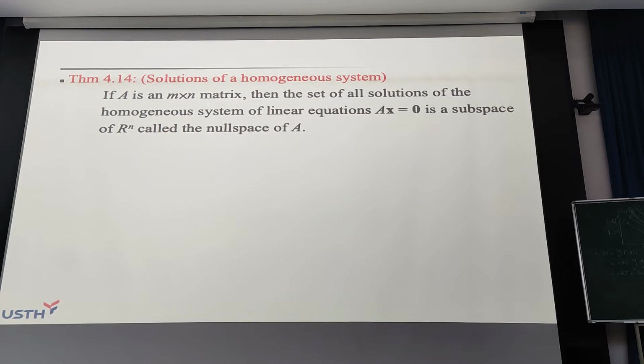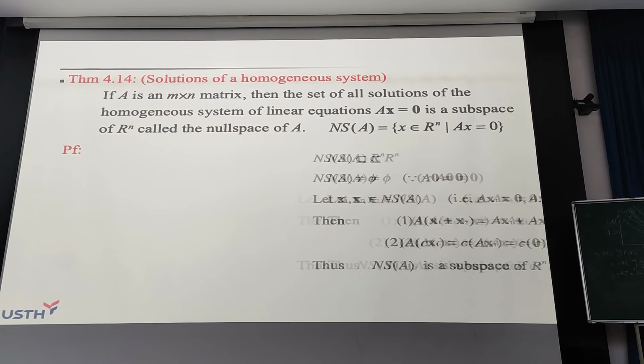If A is an M by N matrix, then if we consider the homogeneous system of linear equations AX equals 0, the set of all solutions of that will make a subspace of Rn, and it is named the null space of A. Here, by formula you get that one, and you can verify it.